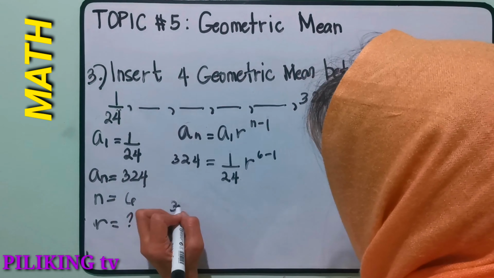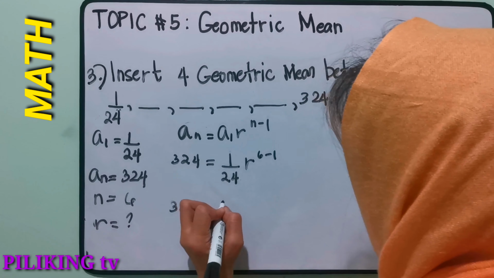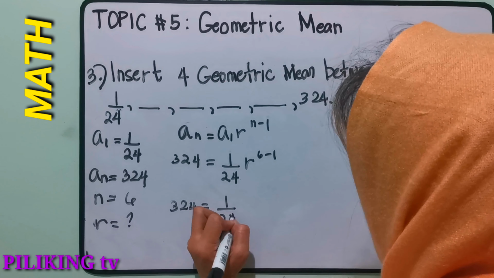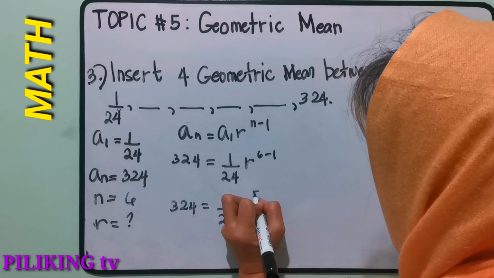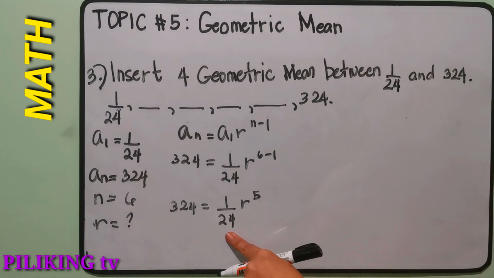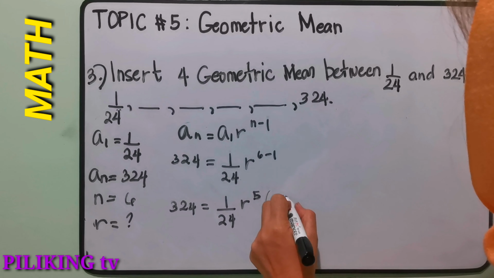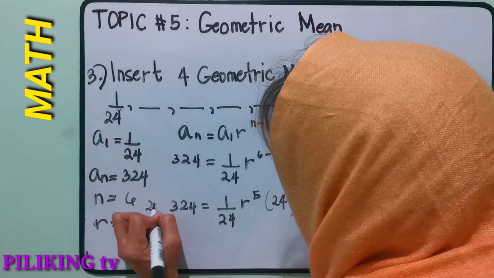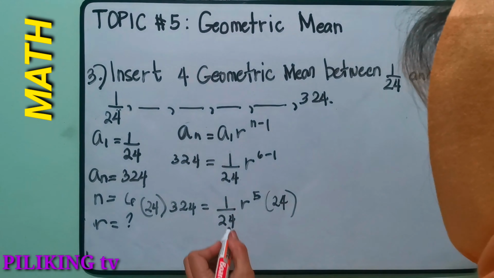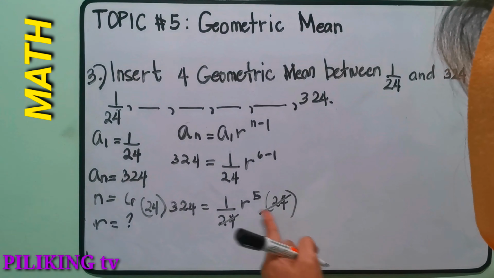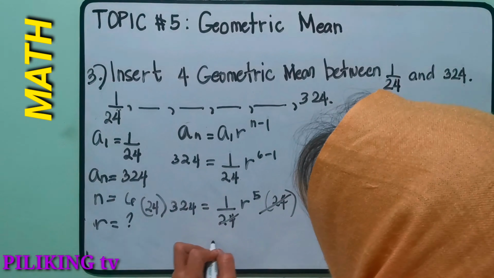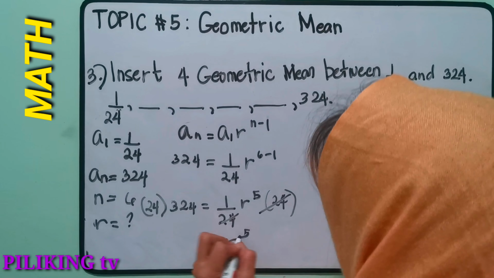So you write 324 is equal to 1 over 24 times r raised to 6 minus 1 is 5. Okay, how will you eliminate 24? So by multiplying both sides by 24. Okay, so you can cancel it. So that is equal to 1. So the remaining here is r raised to 5.